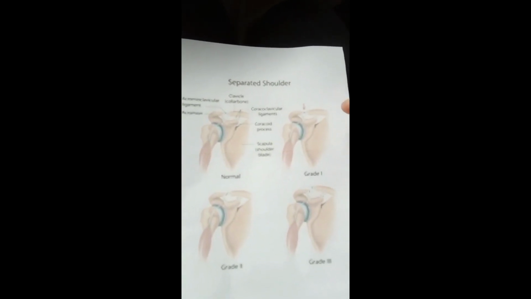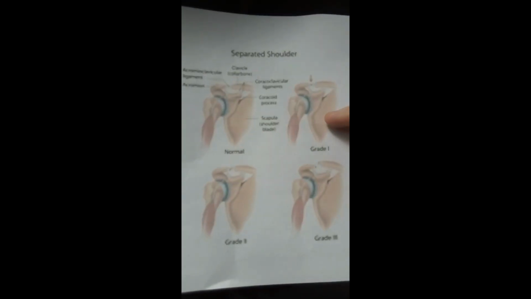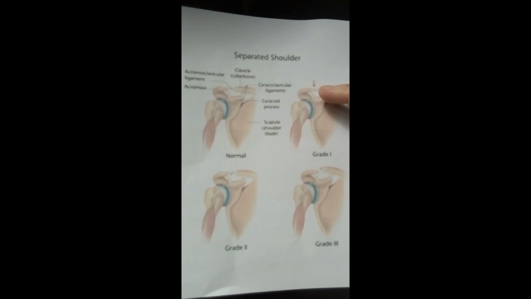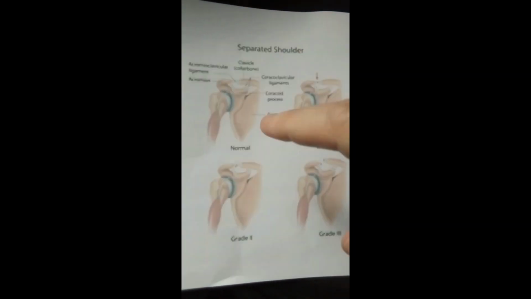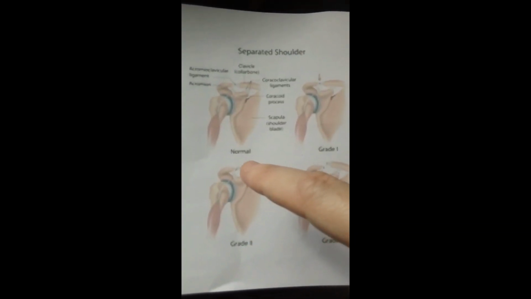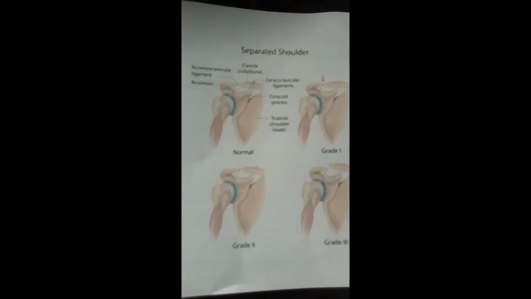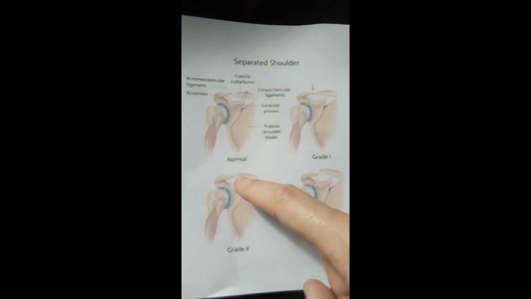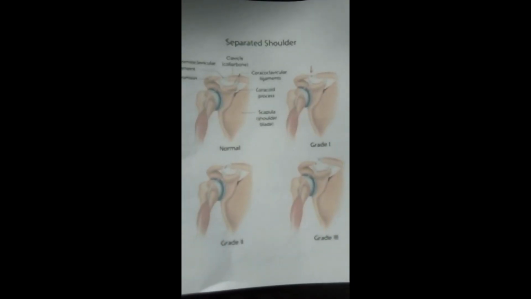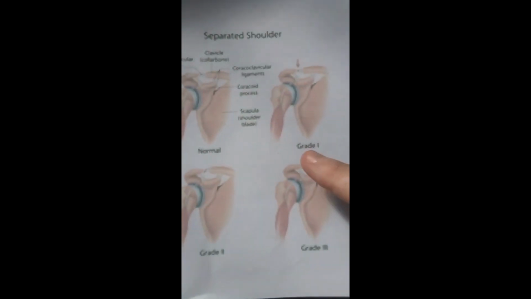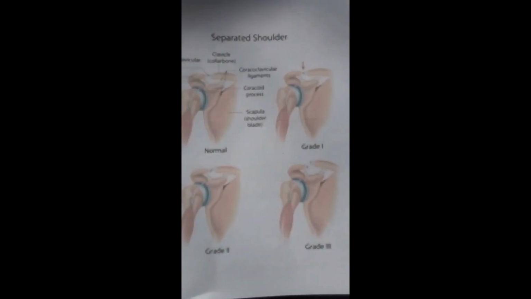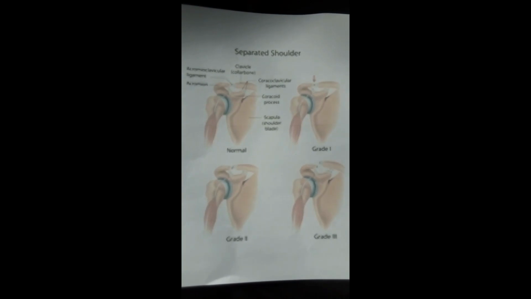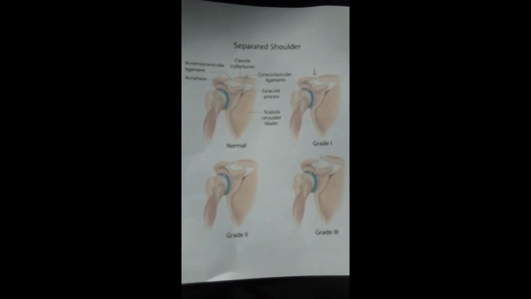And in shoulder separation, you've got a grade 1, where you can see there's a little bit of damage to the ligament. You've got a grade 2, where there's probably a partial tear in the ligament. And then you've got a grade 3, where the ligament completely ruptures. So this is actually more serious than dislocations.